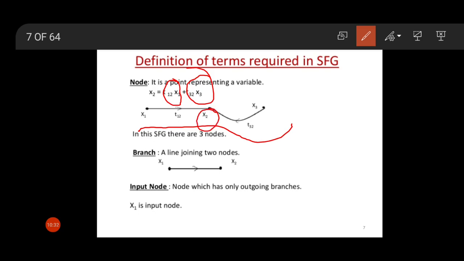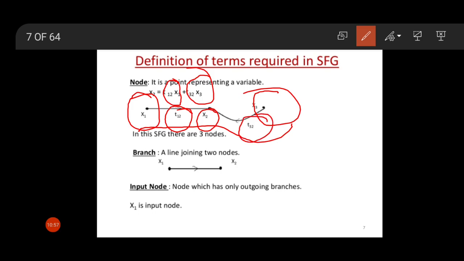This is x2, and x2 is a combination of t12 x1 plus t32 x3. This is our x1 node and this is our x3 node, and t12 and t32 are the transmittances.